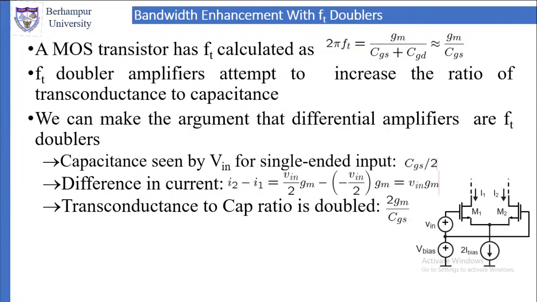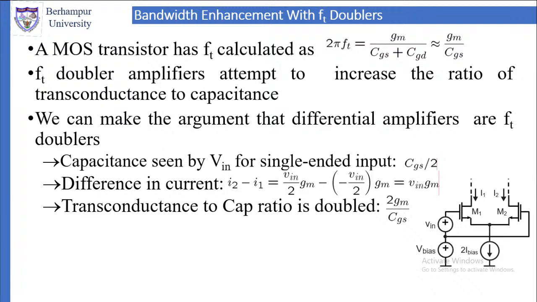Difference in current I2 minus I1 is equal to V in by 2 into Gm minus (minus V in by 2 into Gm). I2 is equal to V in by 2 Gm. I1 is equal to minus V in by 2 into Gm, because it is in difference mode. So I2 minus I1, the difference in the current, is equal to V in into Gm.